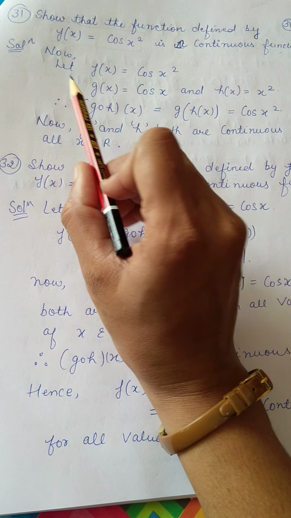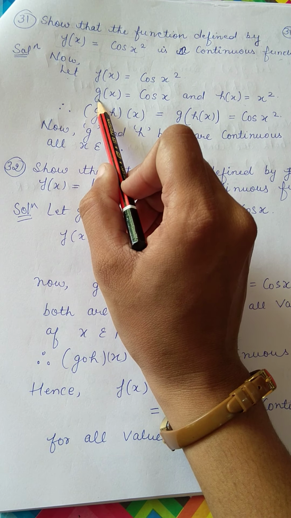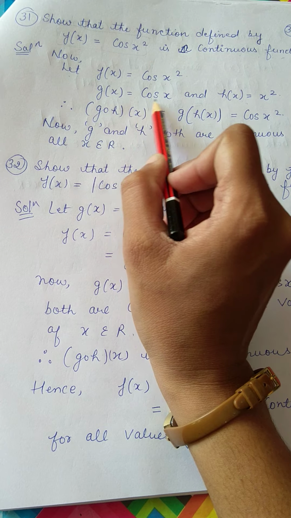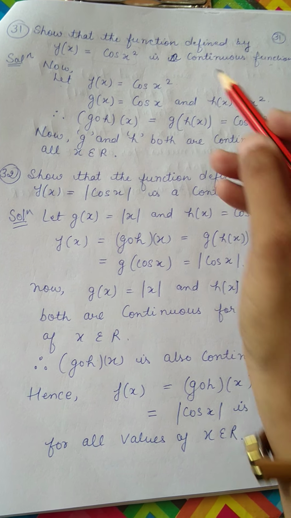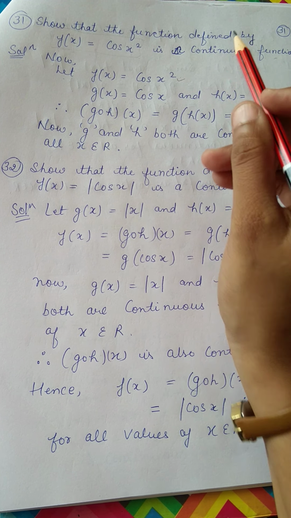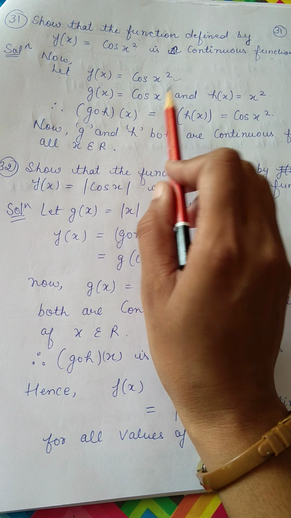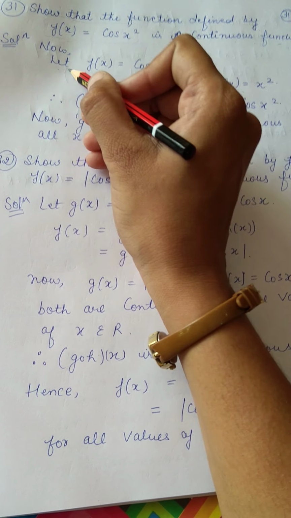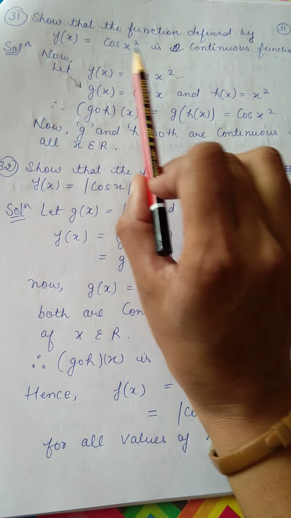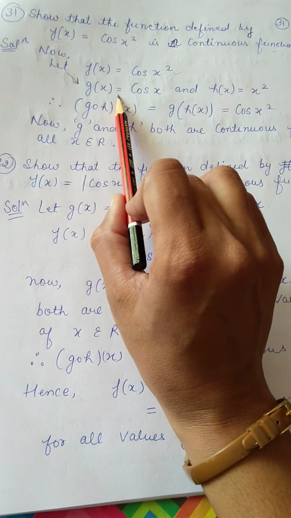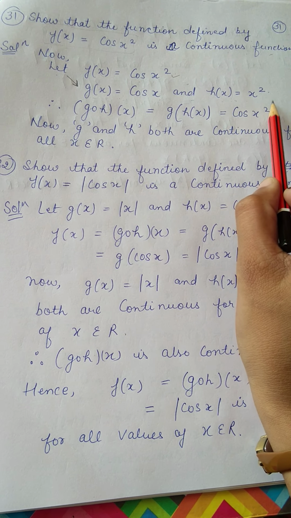First of all, let f(x) = cos x², and then we will take g(x) = cos x. We will take two different functions. Then let g(x) = cos x and h(x) = x².